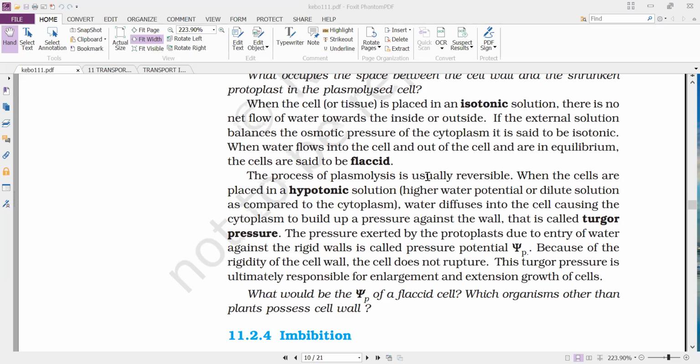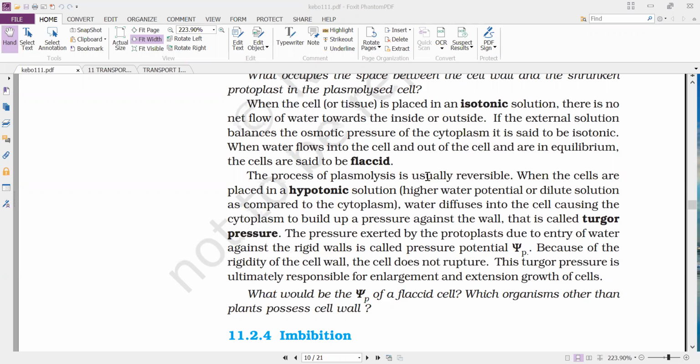In return, as the cell wall is rigid and tough, it resists the pressure exerted by the plasma membrane. It exerts the same pressure in the opposite direction. Whatever pressure is exerted by the water on the plasma membrane, the same pressure is exerted by the cell wall on the plasma membrane. And this pressure we call turgor pressure.